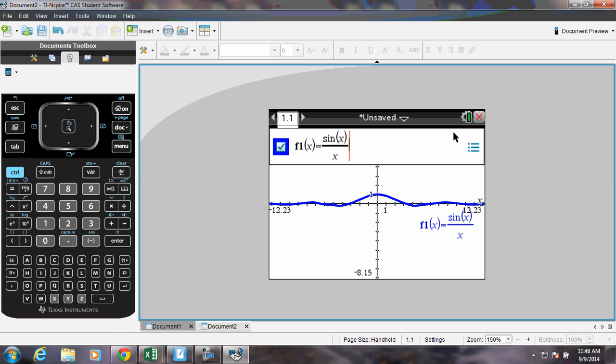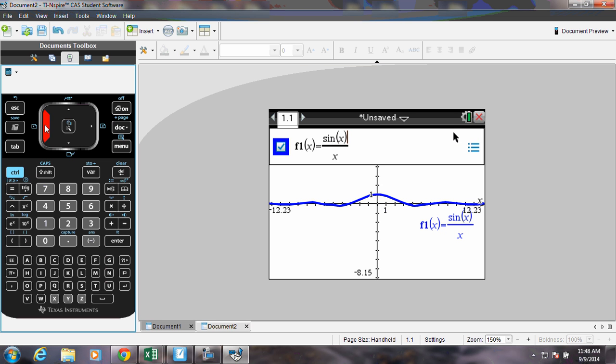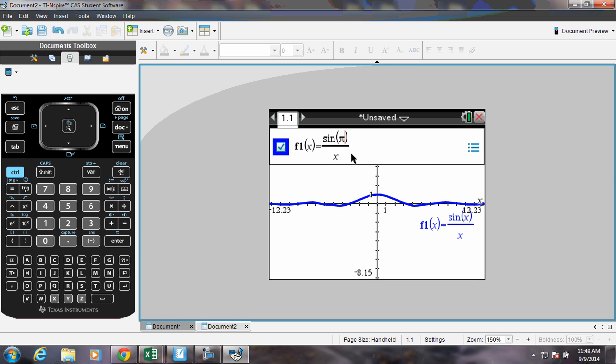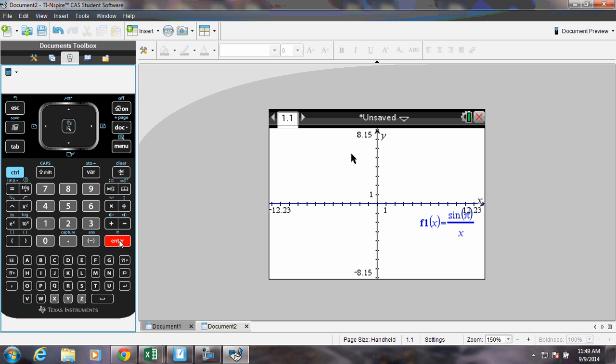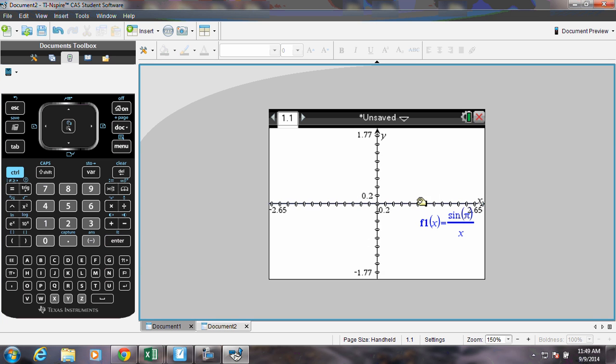I want to go back to F1 and scroll over. Delete. And pi is down by the h, along with a number of our other symbols. So it's good to know where infinity, e, and theta, and some of the other ones are. But sine of pi, click Enter, and we look at it, and it looks like it would be a 0.